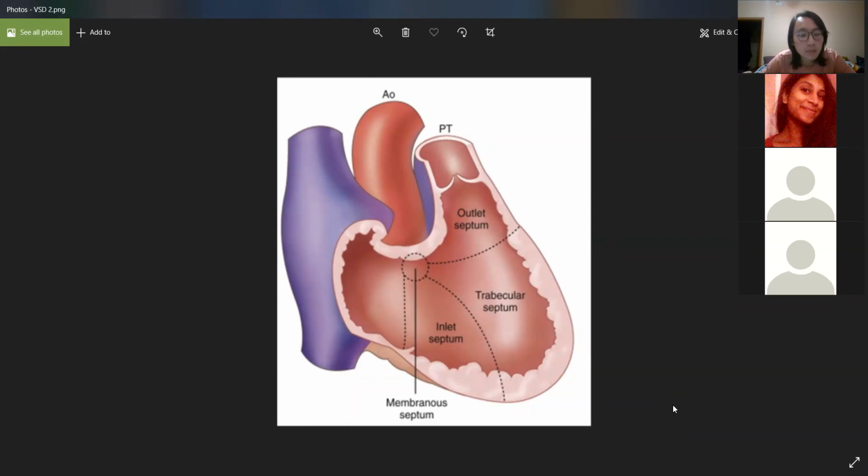Now, from the name itself, VSD, ventricular septal defect, it already means that there is a defect in the septum, yeah, and which part of the septum? You know, the heart septum covers both the atrium and the ventricles, right?